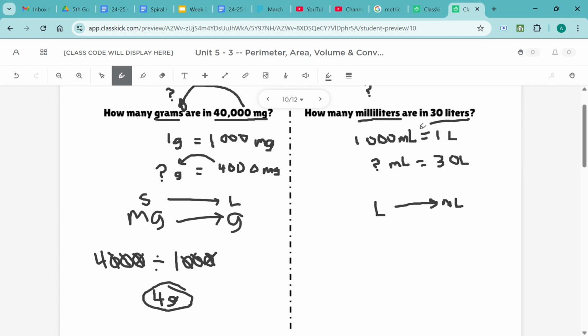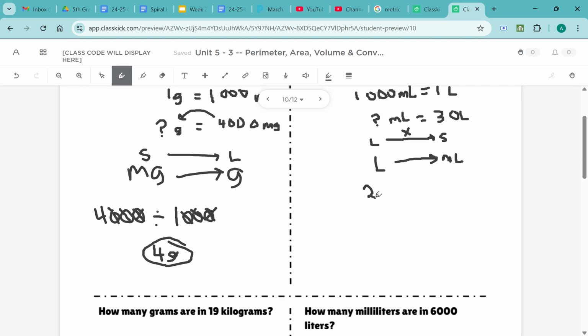So if I have 1 milliliter, I barely have any, it's a very small amount compared to 1 liter. So I'm going from a large unit to a small unit. When I go from a large unit to a small unit, I multiply. Okay, so I multiply what I have, 30 liters, times my conversion, 1,000.